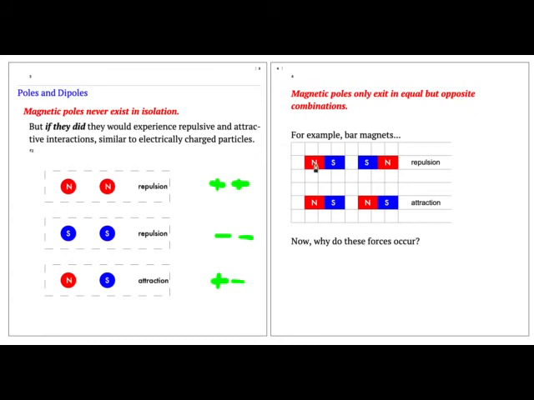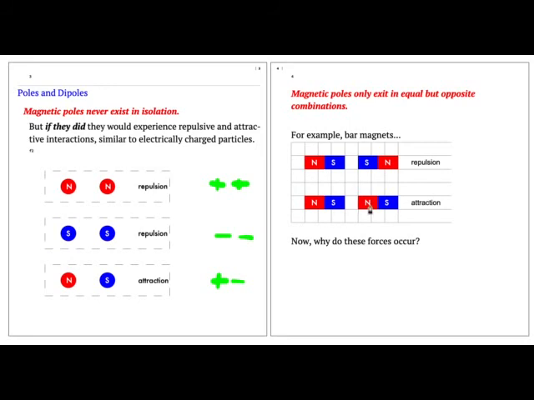Now, if you have 2 bar magnets, and they're oriented in this way, with the south poles closer together than the north poles, then that will have a repulsive force, because the force between the south poles is stronger than the force between the north poles. The south poles are closer together. So that gives a repulsion for this orientation.